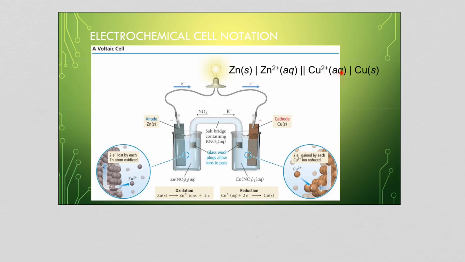On the other side we have copper 2+ ions in solution, and then our cathode made of copper. So by drawing this out, somebody else could look at this and recreate this cell, or say, okay, I see they have an anode, an oxidation side of zinc metal and zinc ions, and a cathode side of copper ions and copper metal.